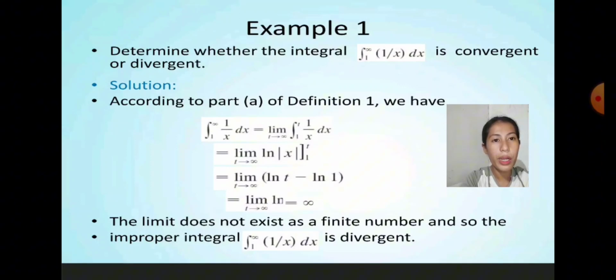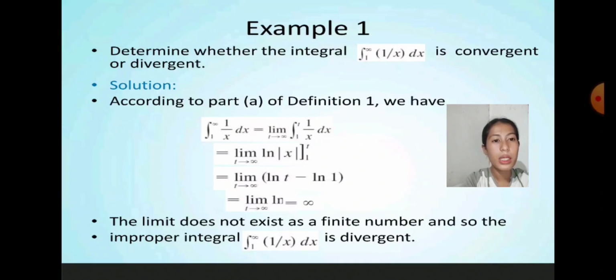For the solution, according to part A of definition 1, we have the integral of 1 over x dx from 1 to infinity equal to the limit as t approaches infinity of the integral of 1 over x dx from 1 to t, which is the limit of ln x from 1 to t, which equals infinity.